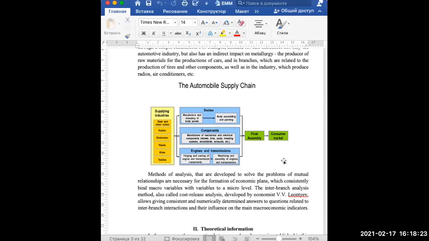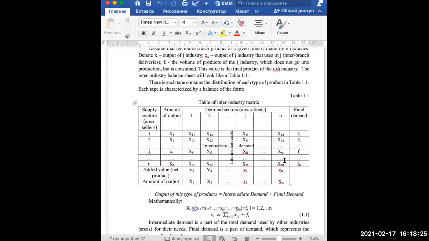We have final consumers. Who are final consumers? It is you, it is me. So it is anyone who does not produce anything, just consumes final goods. It is final consumers.